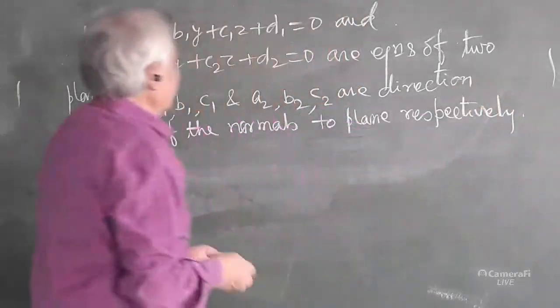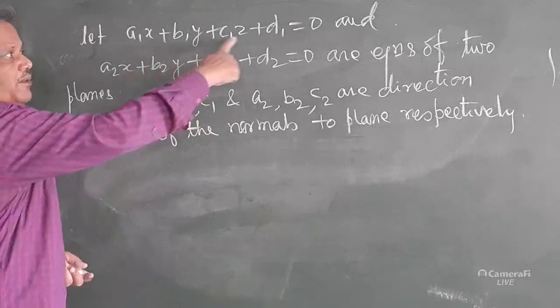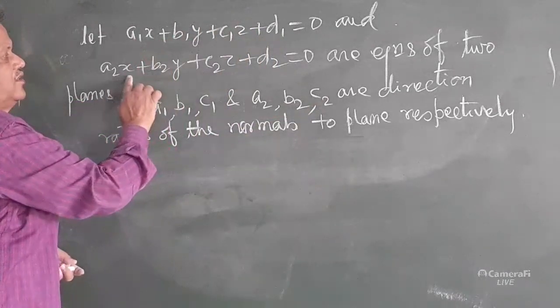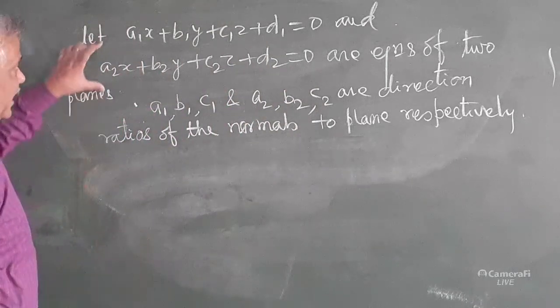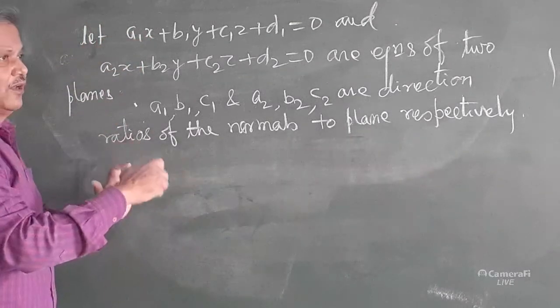Meaning thereby, a1, b1, c1 are the direction ratios of the normal to this plane and a2, b2, c2 are the direction ratios of the normal to this plane, right? Therefore, if theta is the angle between the two planes, then theta will be the angle between their normals.